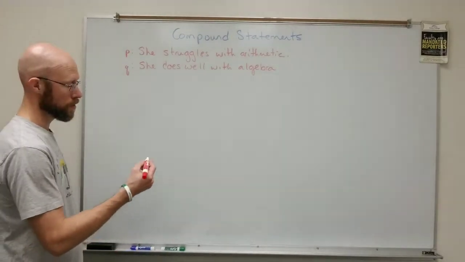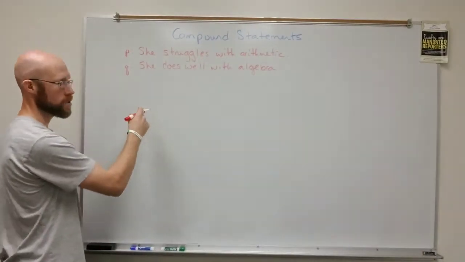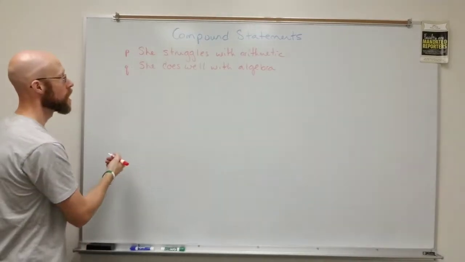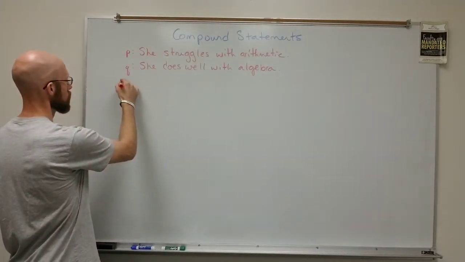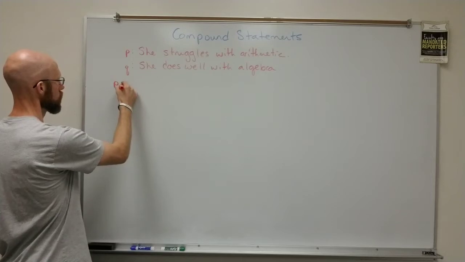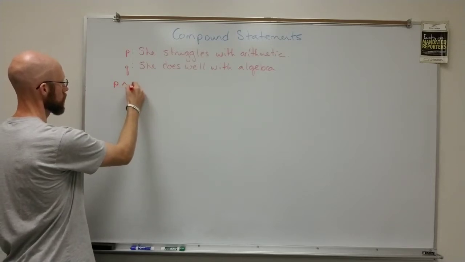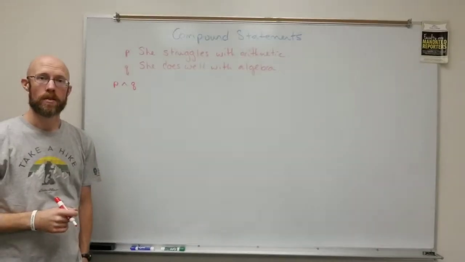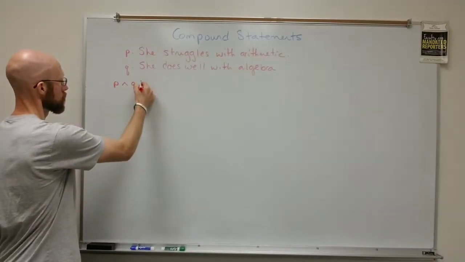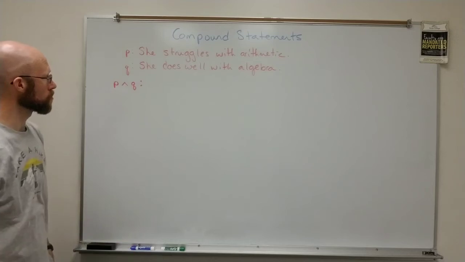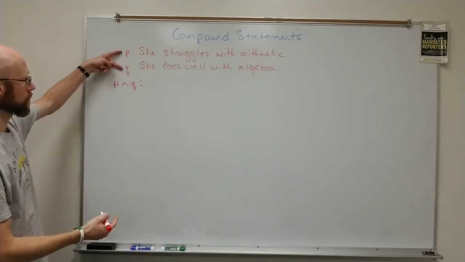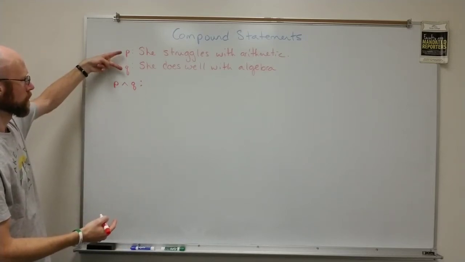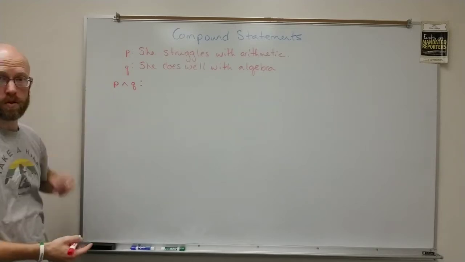Now, just to practice translating these, if I wanted to translate into P and Q using a conjunction, then the way I might write it out would be, now it has to be a sentence that includes both of these, right?